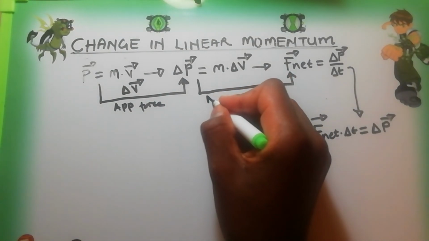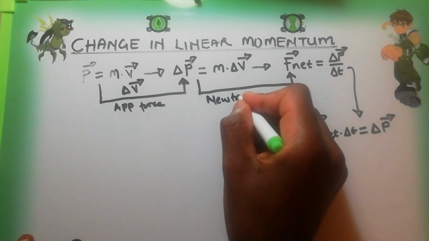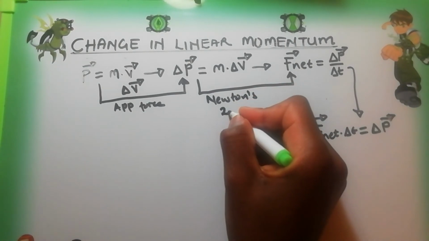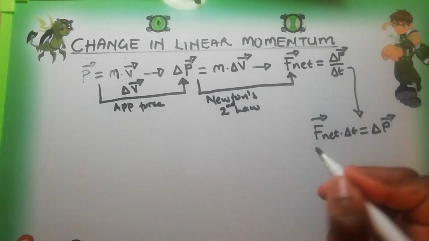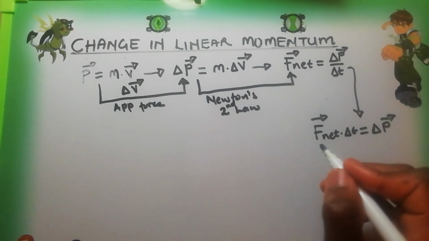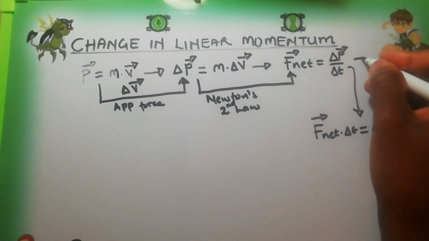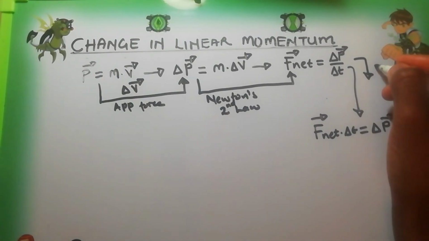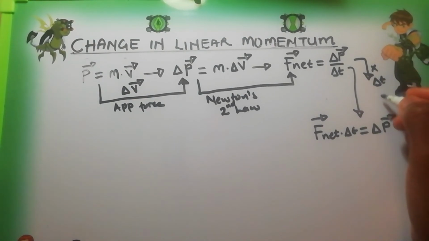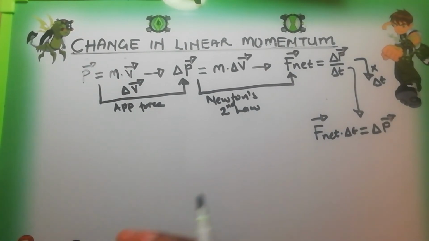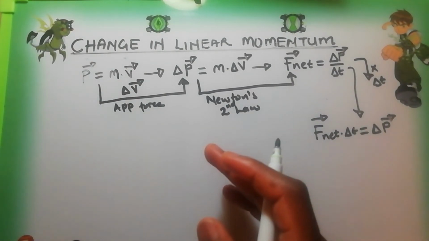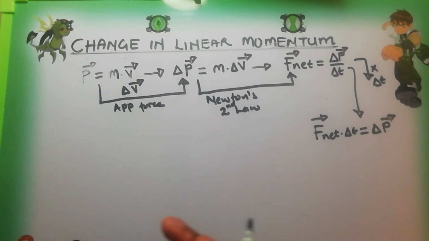This is Newton's second law. Then when you multiply both sides by change in time, you get the impulse. So this is the relationship between these four formulae.